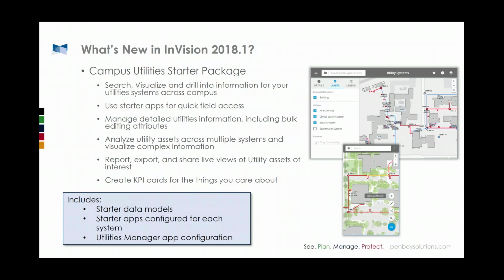So the campus utilities starter package is designed to help our campus customers really deal with this complex set of utilities and infrastructure business problems. So these business problems include, well, let's try not to dig anything up today.